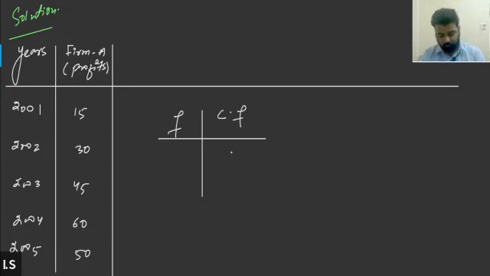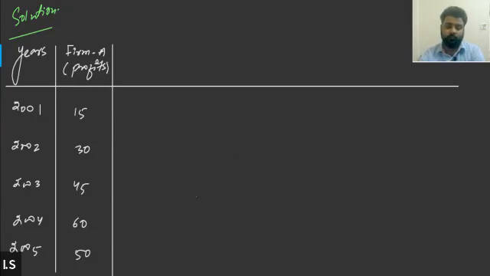Yes. Okay, so in the same manner we will be finding out the cumulative profit generated by firm A in all 5 years. So I'm going to write here cumulative profit, firm A.